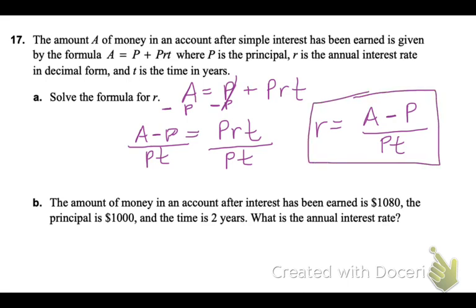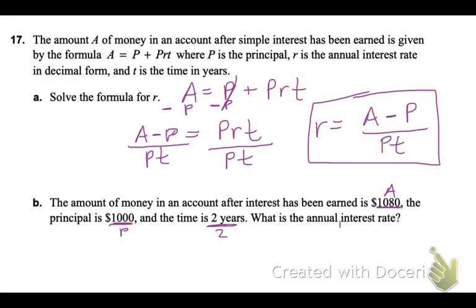And so this is one of the reasons why we like to rearrange these formulas, because in B it says the amount of money in an account after interest has been earned is 1,080. This is equal to the variable A. The principal is 1,000. That's our variable P, and the time is 2.